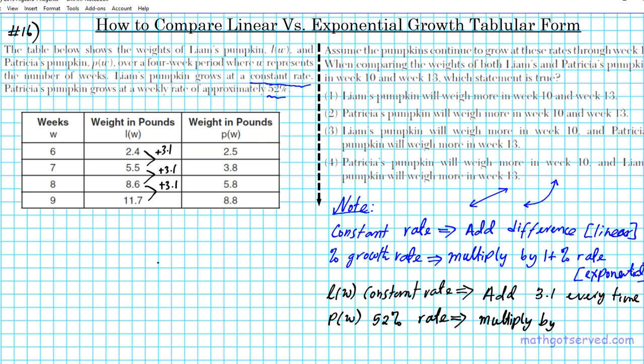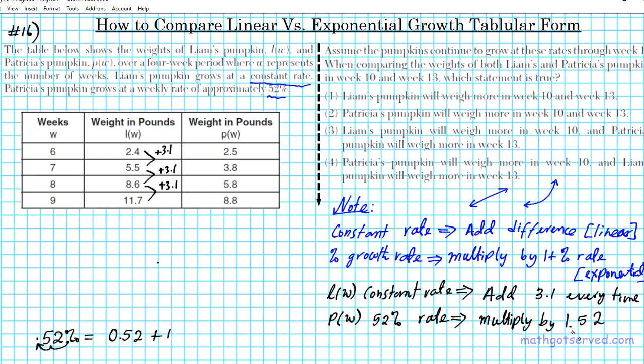Multiply by 1.52 every time. Now, how did that happen? Well, 52% in decimal form is 0.52. You move the decimal point to the left 2 places, because when you're converting from percentage to decimal, you divide by 100. Alright, so this is a percent growth rate, but since it's a growth rate, you're going to add 1, just like exponential functions, exponential growth models. You add 1 to that.